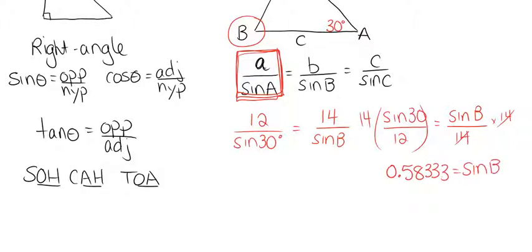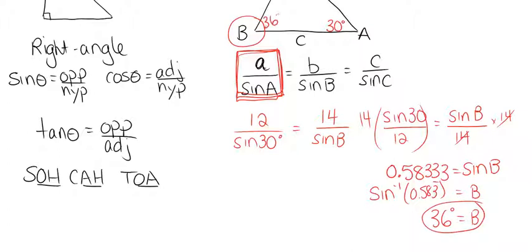That would be equal to sine B. And then in order to solve for the angle, I always have to take the inverse sine. So the sine -1 of that giant number. And I would find out that angle B is 36 degrees if I round to the nearest degree.